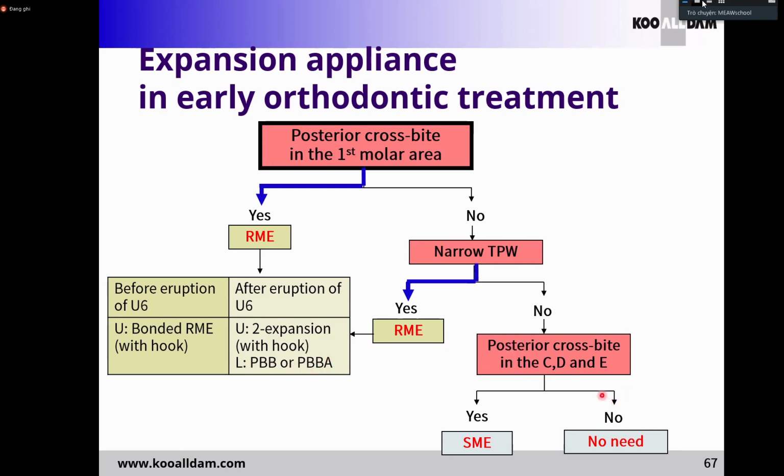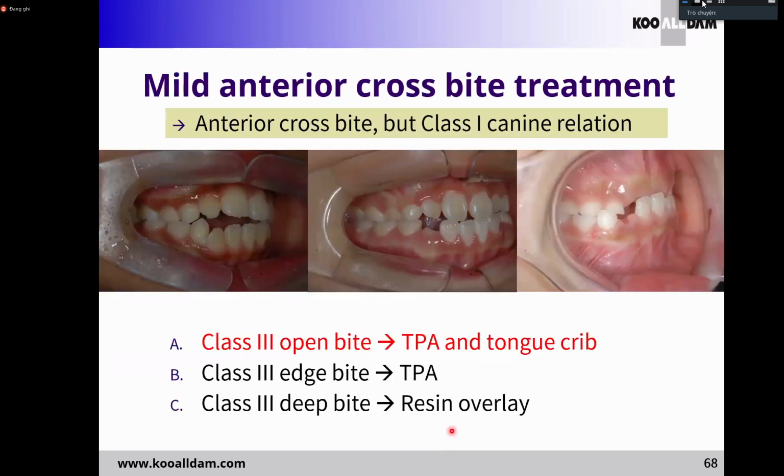However, in some cases we can see posterior crossbite in the primary dentition, C, D, and E. This means no posterior crossbite in the first molar area, so we may use SME. Regarding mild anterior crossbite like this, we can see anterior crossbite but class 1 canine relationship.